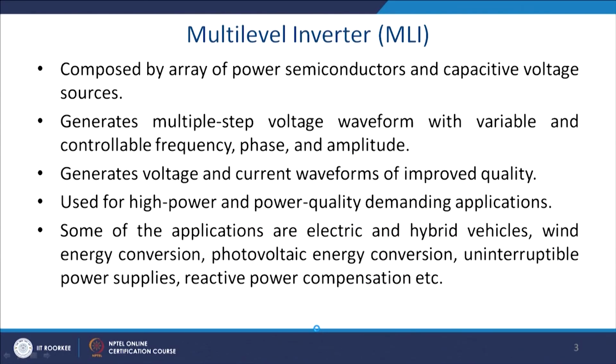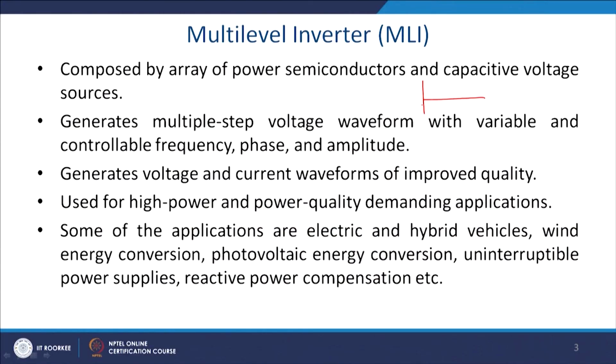So, why multi-level inverter? A multi-level inverter is composed of a series or array of power electronic semiconductors with capacitive voltage sources. It generates voltage in multiple steps, because we generally need to generate a sine wave, but in the case of PWM we generally apply plus minus VDC.